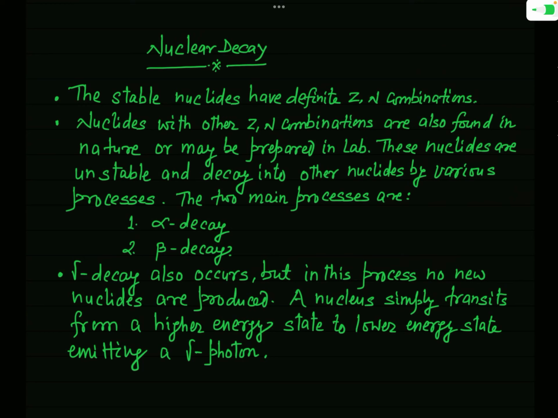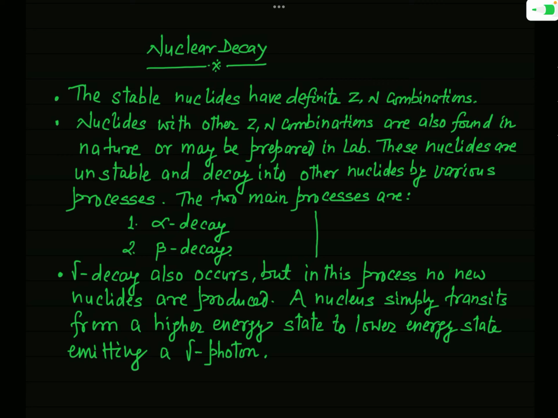Now, before starting a particular decay process, I would like to say something about this nuclear decay process. You have studied earlier that a nucleus may be stable or it may be unstable.